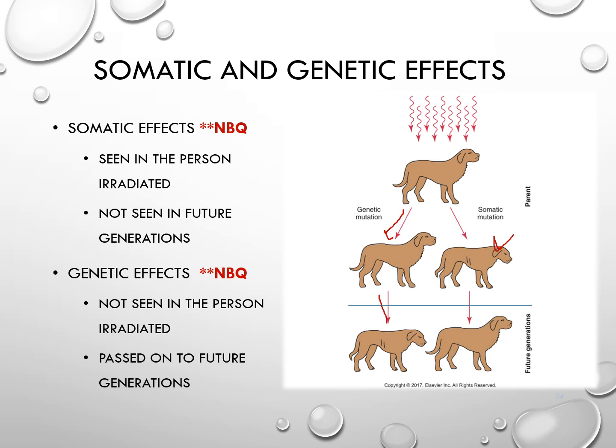We would see it in the next generation, this dog right here. Now, if it is a somatic effect and it affects the individual who was irradiated, but then they go on to have offspring, then the offspring does not have that somatic effect. There is no genetic mutation here. So the reproductive cells were still safe from that X-ray radiation, and so the offspring was not affected.